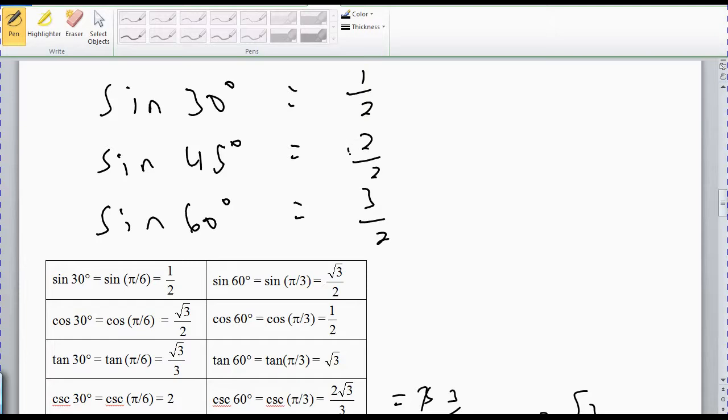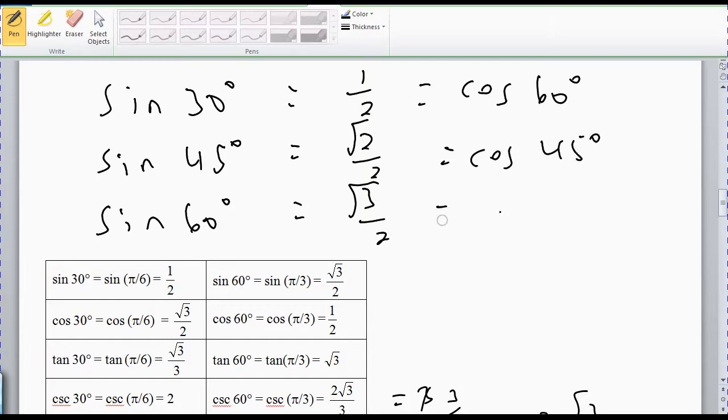It just so happens sine of 45 and sine of 60 have square roots. Sine of 30 is 1/2. Cosine of 30 is square root 3 over 2. And we just found earlier that sine of 45 is square root 2 over 2. In fact, if you know that, you know everything, because sine of 30 is the same as cosine of 60. Sine of 45 is the same as cosine of 45.